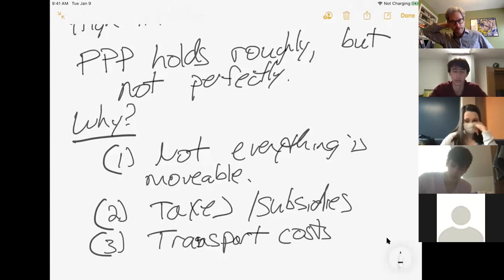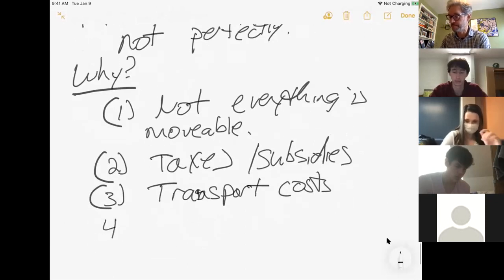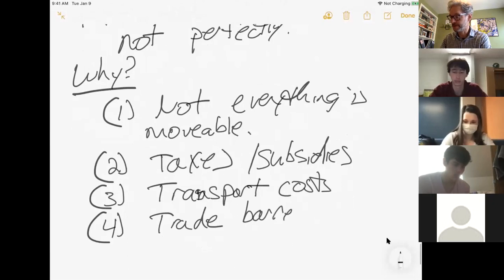So if everything was cheaper in Canada, that doesn't mean that I'm going to drive up to Canada to do my grocery shopping, because it's still not going to be worth my time. And then other times there are just barriers between countries.